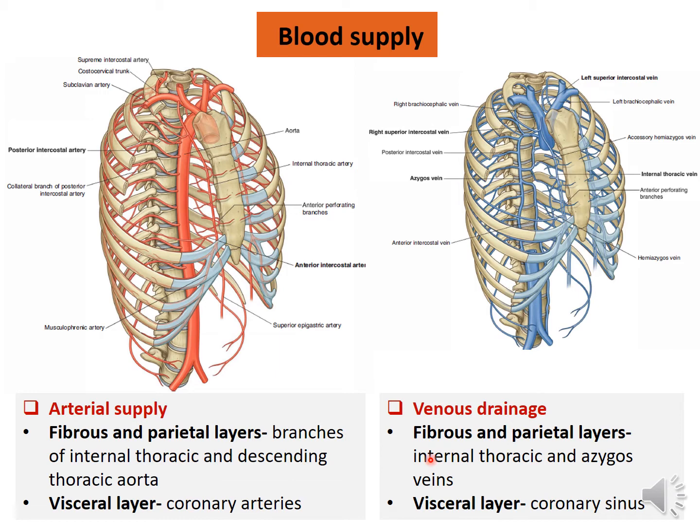The venous drainage: the fibrous and parietal layers drain into the internal thoracic and azygos veins, whereas the visceral layer drains into the coronary sinus. We will discuss the coronary arteries and coronary sinus in detail in the next lecture. So, remember the blood supply of pericardium.